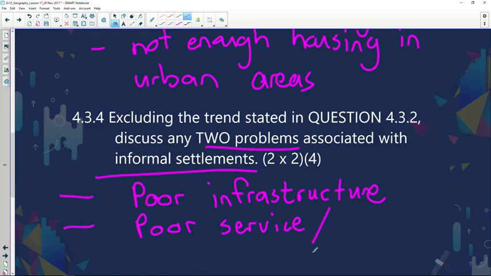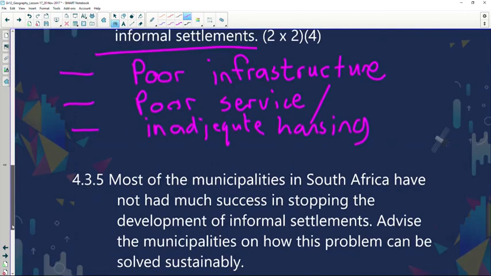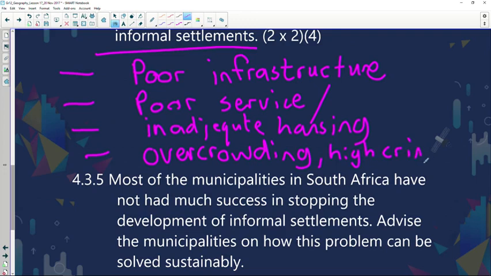So it's poor service delivery, such as inadequate housing, and we can add over there overcrowding, too many people living together in a small area, and we can mention over here high crime rate, and we can also throw in over here pollution problems.